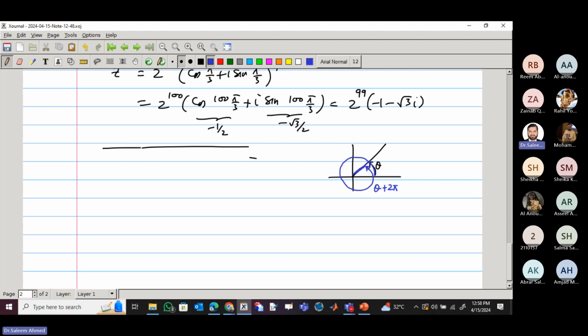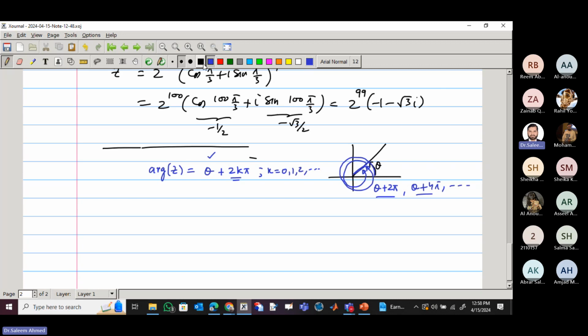If I take one more turn and come back here, this will become theta plus 4 pi, and so on. So it means not just theta, theta plus 2 pi, theta plus 4 pi, they are all arguments of z. So in general, theta plus 2k pi, where k is 0, 1, 2, 3, 4. 2k is an even number. 2 into 0 is 0, so only theta. 2 into 1 is 2 pi, so theta plus 2 pi. Then 2 into 2 gives you 4 pi, and 6 pi, and so on.